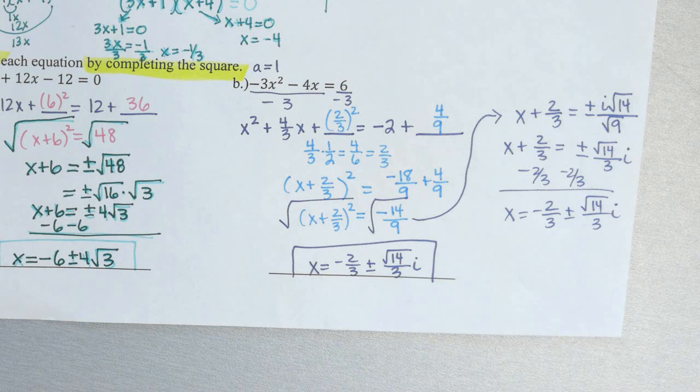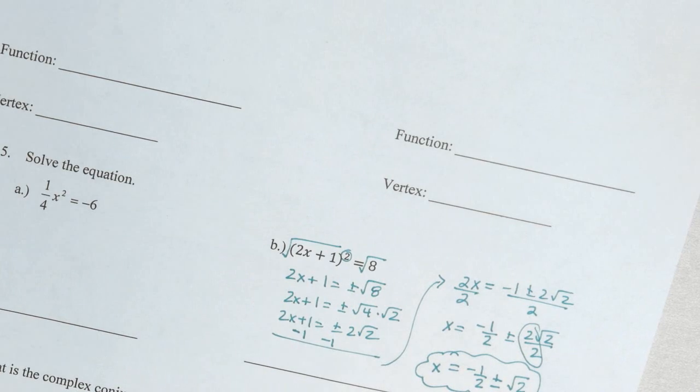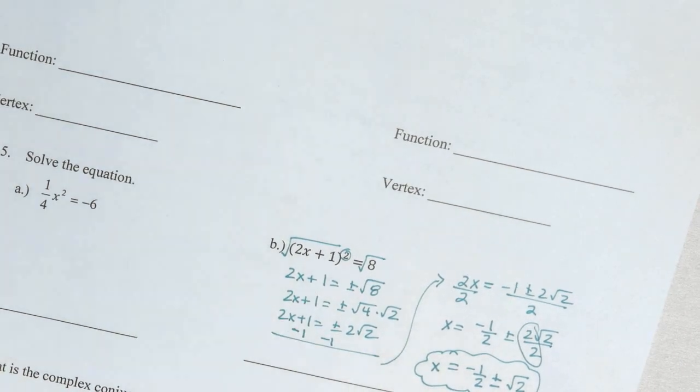Alright, let's look at the back page. This is where you're writing your function in vertex form, and then you have to identify your vertex. I'll show you that.